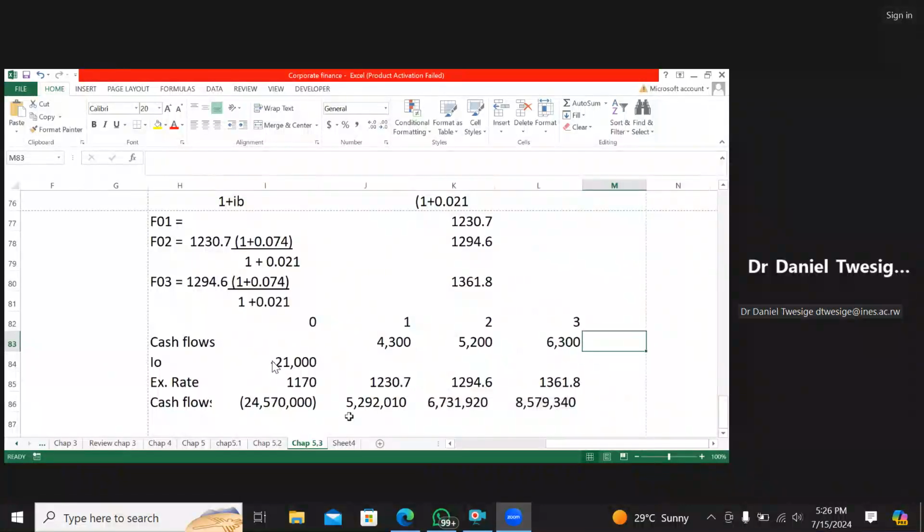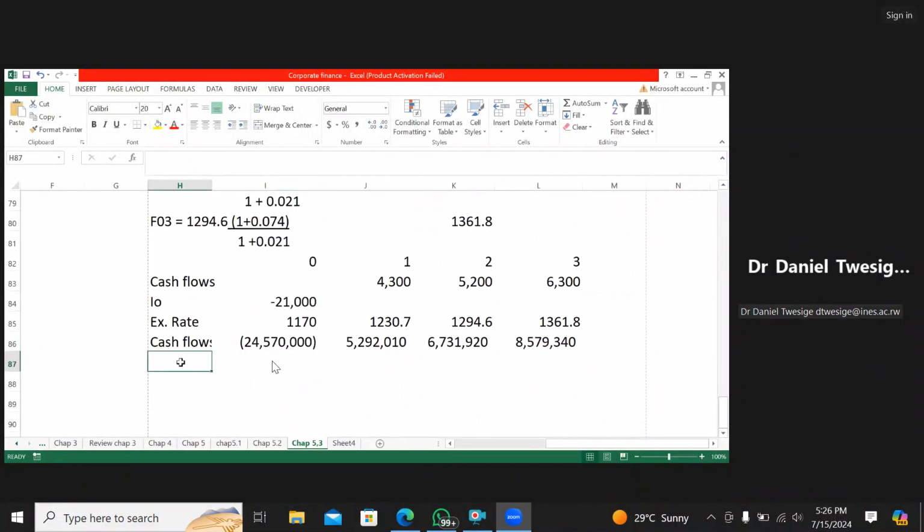Now, as we said, you're going to discount the cash flows using the domestic cost of capital.